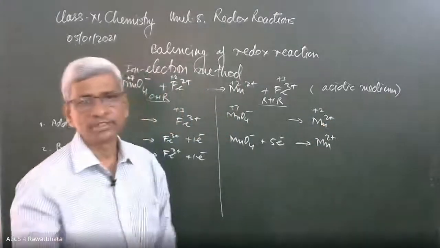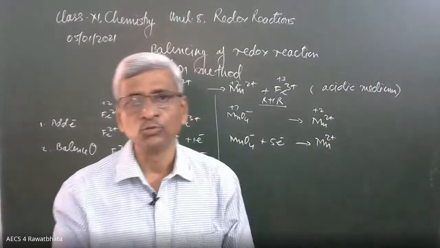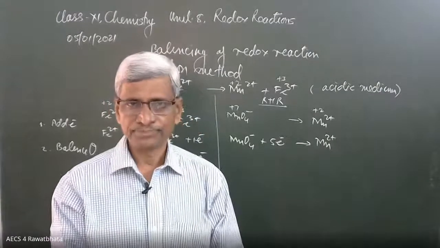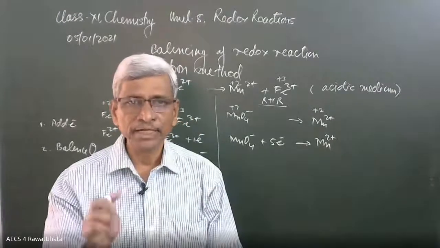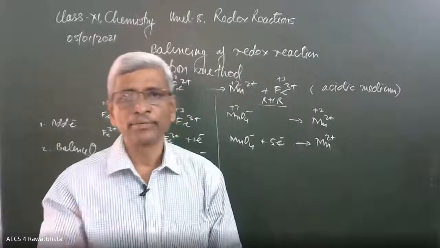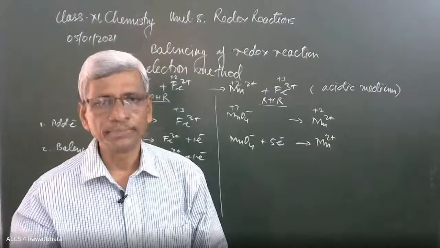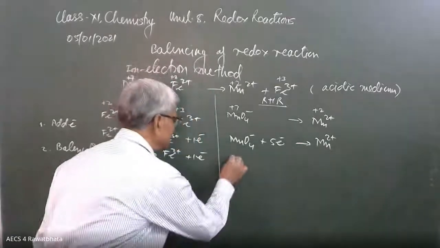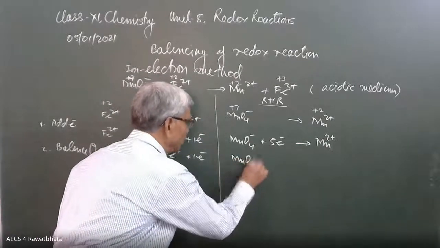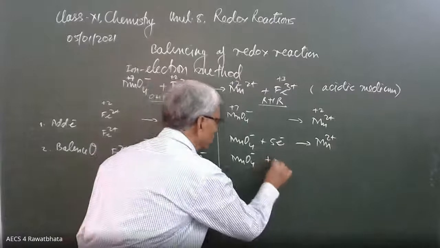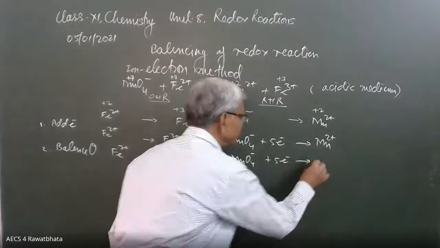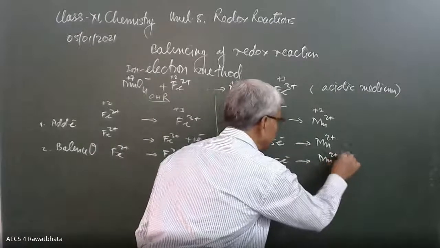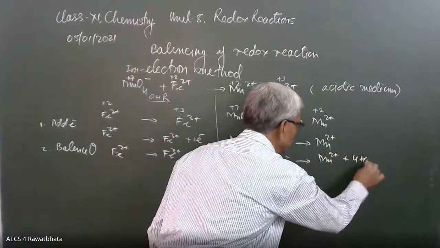To balance oxygen, we have to add H2O. That is fixed. Balancing of oxygen can be done by adding a suitable number of water molecules on the particular side where it is required. Therefore, here it is MnO4 minus plus 5 electrons gives Mn2 positive plus 4H2O.